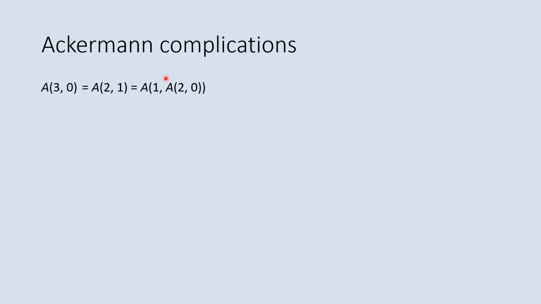Following our steps a little further, the 2 decreases, but then the right-hand side has the same value 2, but the 1 goes down. At this point, we notice that A of 2, 0 shows up. So we can remember what we just calculated.